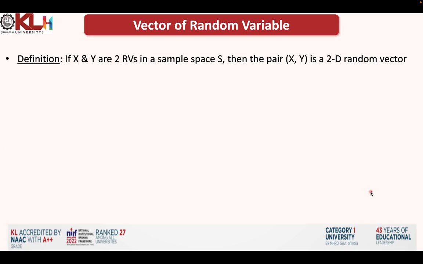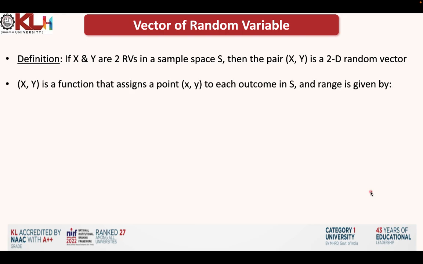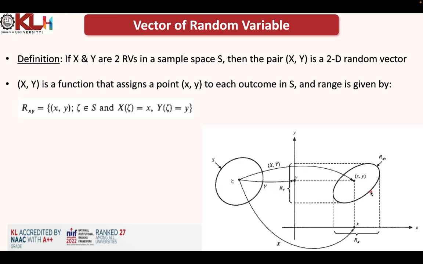So consider 2 random variables X and Y in a sample space S. Then in 2D, (X, Y) is a function that assigns a point (x, y) to each outcome in S. And the range is given by this, which pictorially can be represented as the sample space S, and each outcome is mapped to a 2D sample (x, y).